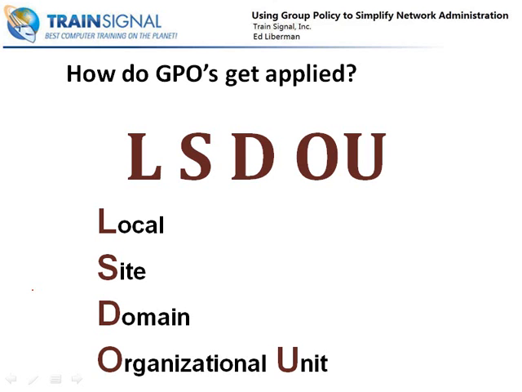Then they look to see what site this computer may belong to, what location it's in, and any GPO settings that are linked to the site are then applied. And then we see what domain the computer and/or user are in. And if there are any GPOs that are linked to that domain, those settings get applied. And then we take a look at the organizational unit that the computer or user are in, and if there's any GPOs linked to that container, those are applied.